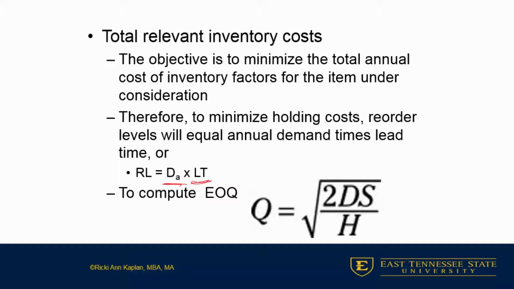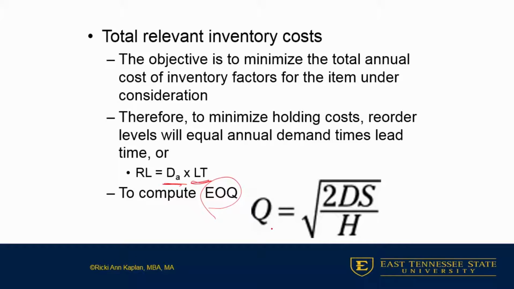Therefore, to figure out our economic order quantity, the quantity will equal the square root of 2 times our annual demand times stocking cost, divided by holding cost.